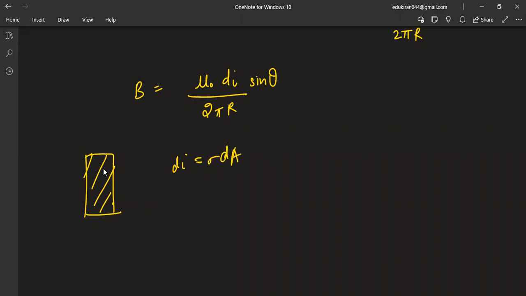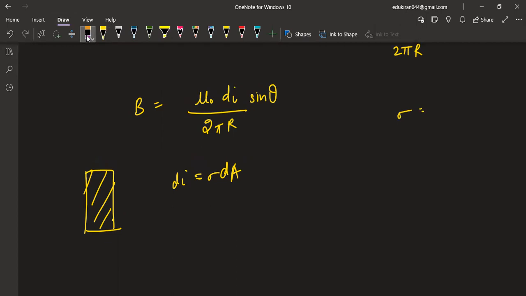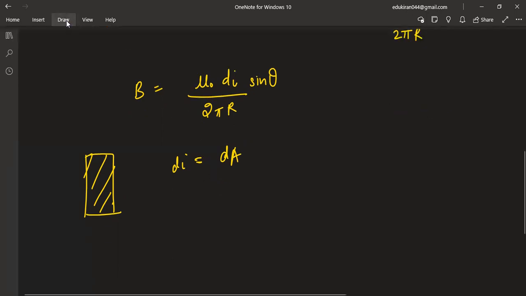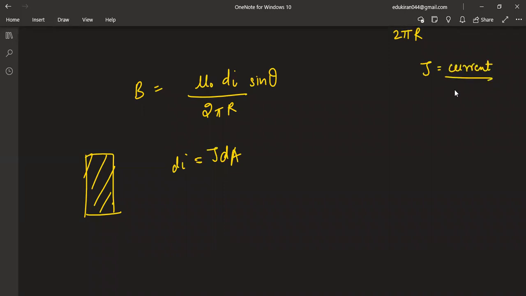How will you calculate it? See, sigma is the current per unit area, or you can directly write J also. J we write, no, we represent current density. How do we represent it? With the help of J. Current density is current per unit area.